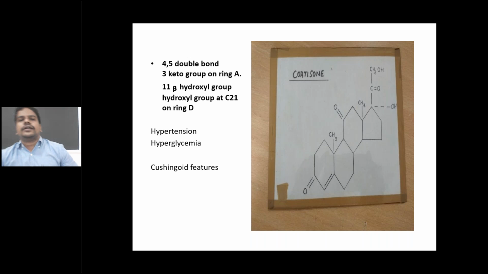These are the total 10 chemical structures. You need to identify the chemical structure and write the adverse effects of that chemical structure. Okay, clear?